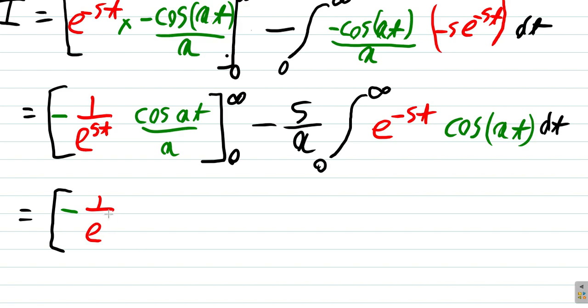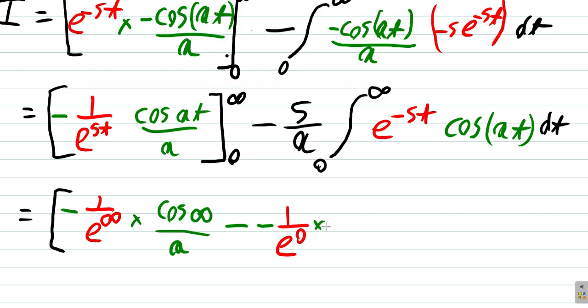T would be infinity, so e to the infinity, multiplied by cos a times infinity, which is infinity over a, minus, then you have a negative. Then you have 1 over e to the, you put in 0 now, s times 0 is 0.